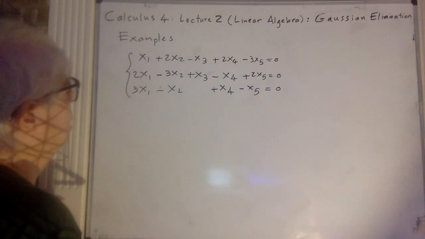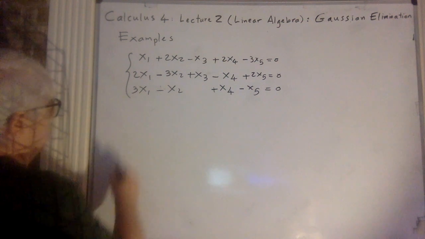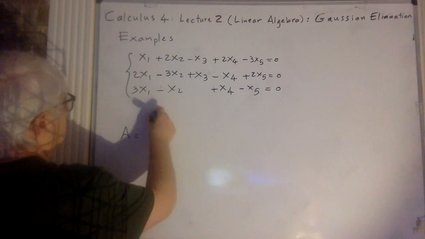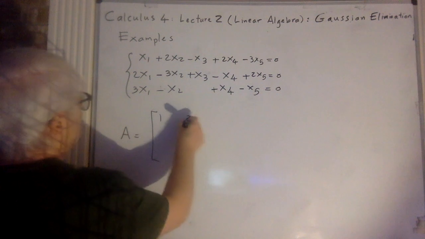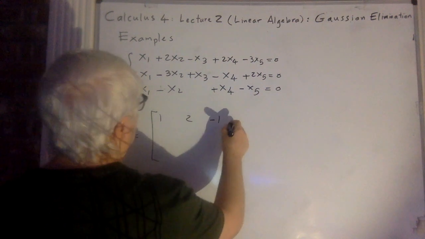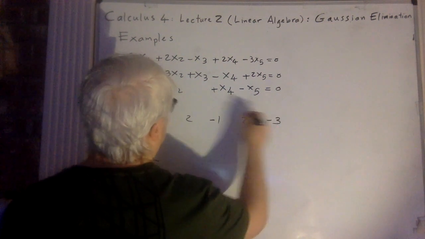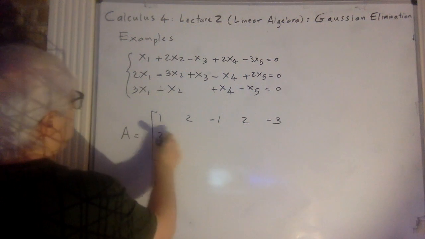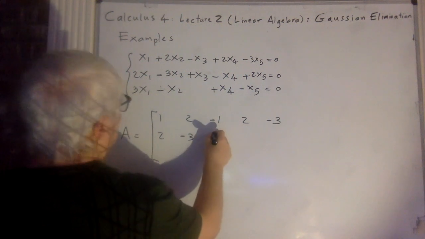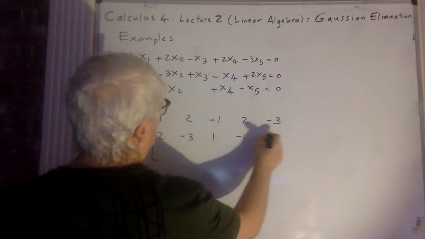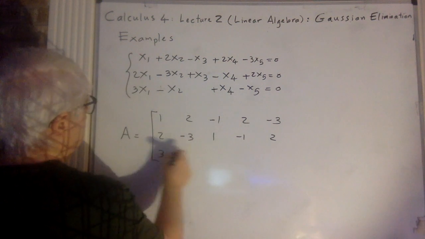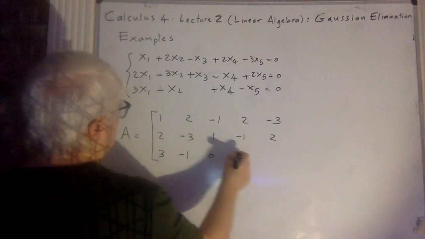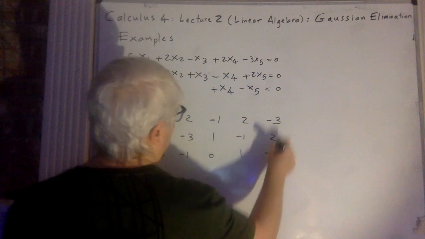Let me put this in matrix form. So the coefficient matrix A is this: 1, 2, negative 1, 2, negative 3; 2, negative 3, 1, negative 1, 2; and the last one is 3, negative 1, 0 here, 1, negative 1.